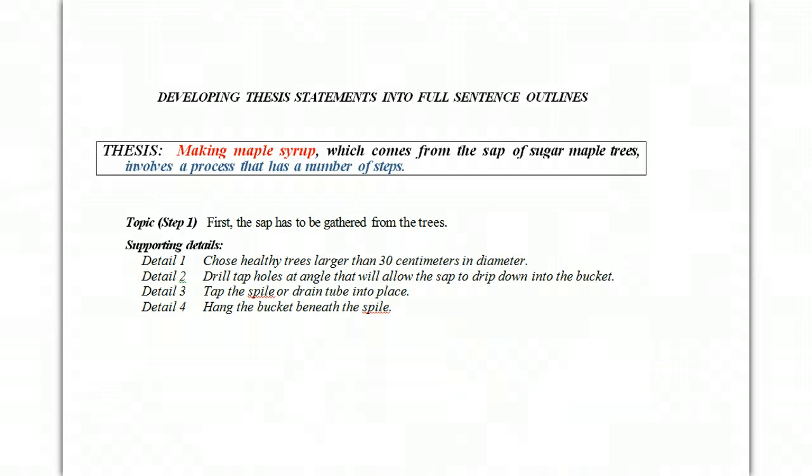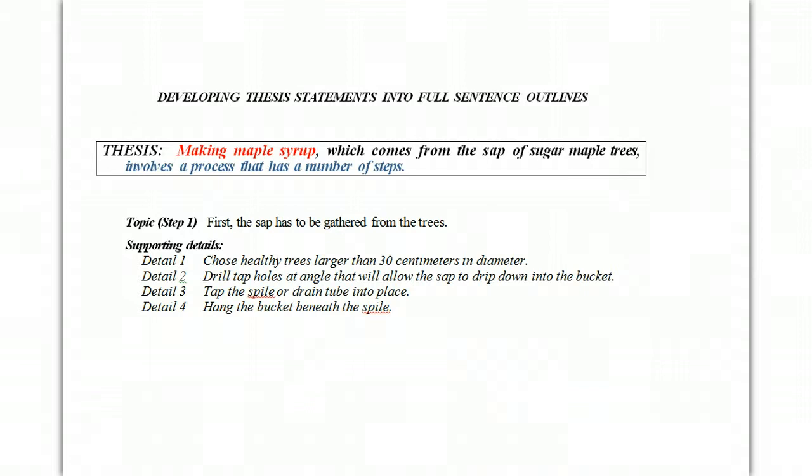And so our first detail is, first you choose healthy trees, larger than 30 centimeters in diameter. And that's a complete sentence. So our next detail tells us to drill tap holes at an angle that will allow the sap to drip down into the bucket. That's a complete sentence.